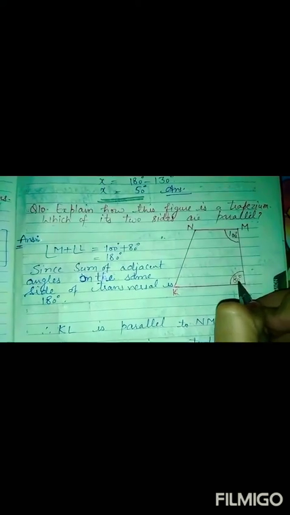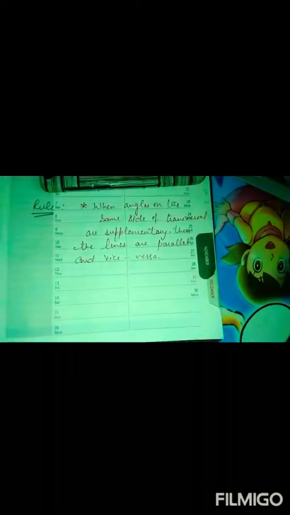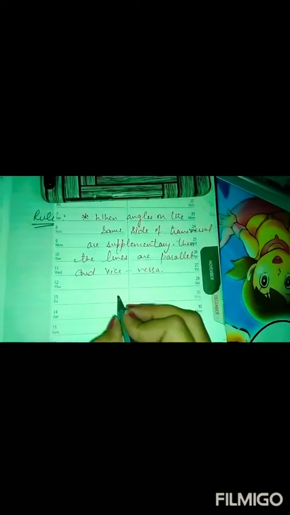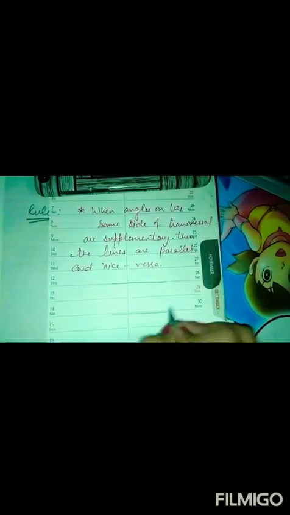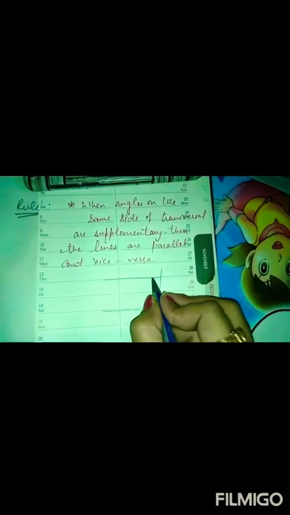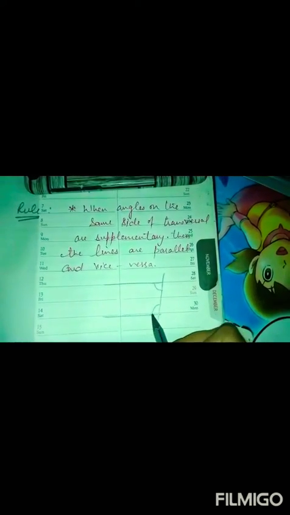Now, angle M is given 100 degree and L is given 80 degree. Now remember a rule which is used in question number 10, 11 and 12. When a figure is given or two lines are given and you have to check whether the given lines are parallel or not, then you have to check the angles on the same side of transversal.